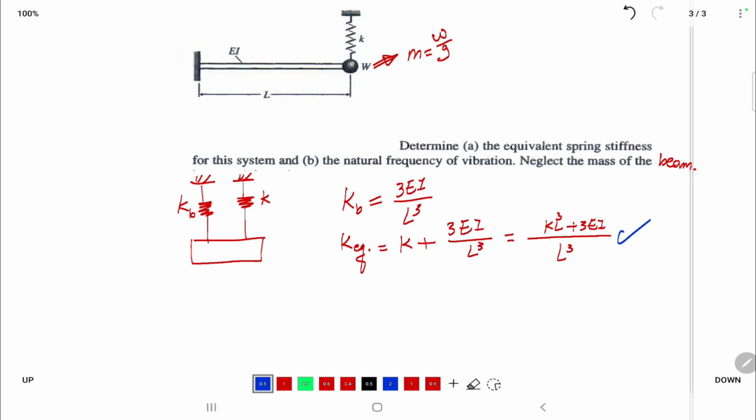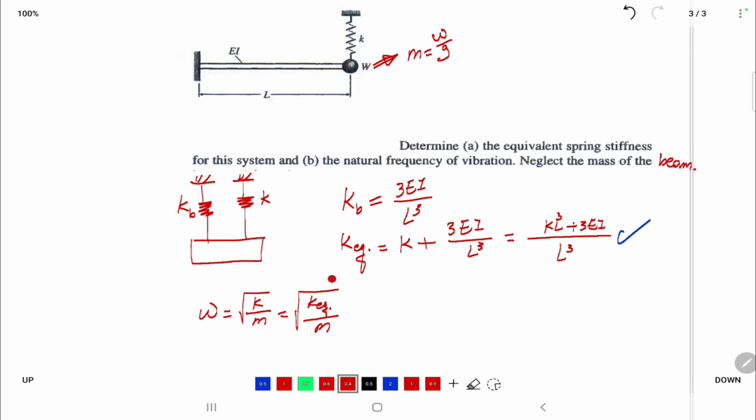Now, the second one, the natural frequency. The natural frequency, we learned, is the square root of K over M. As long as I have more than one stiffness, this will be replaced by K equivalent over mass.